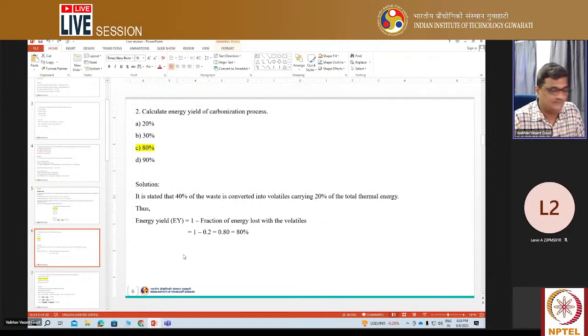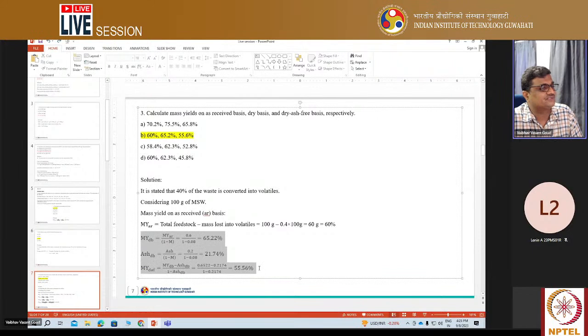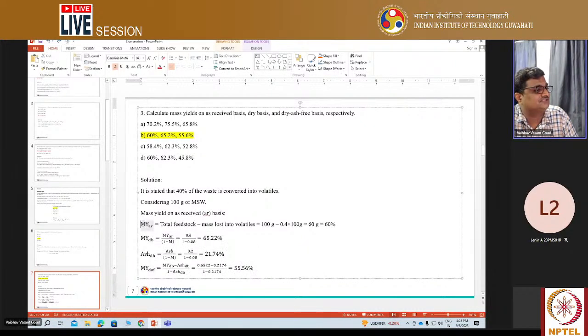And the last in this case was to calculate the mass yield on as received basis, dry basis, and the dry ash free basis respectively. These are basically the simple equations used to calculate these values, because the rest of the information is given in the example. The mass yield on as received basis is equal to total feedstock minus mass lost into volatile. So that is 0.4 into 100 gram, because we are always considering the 100 gram basis, right? Considering 100 gram of MSW. So that is 40.